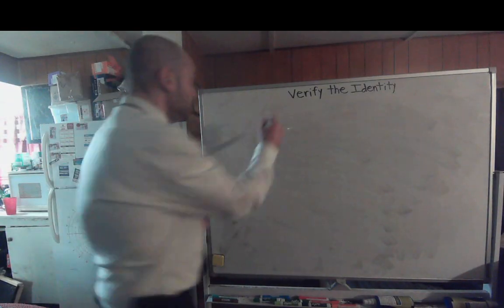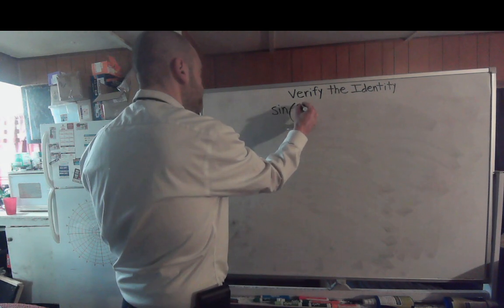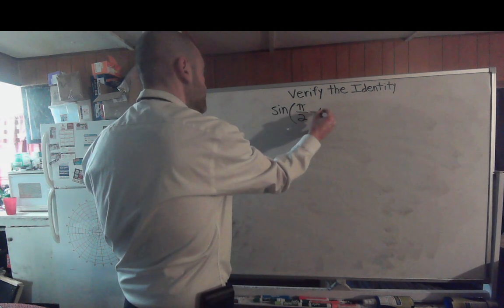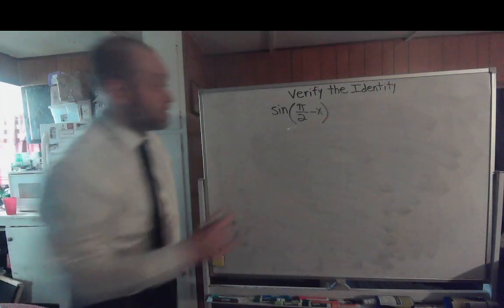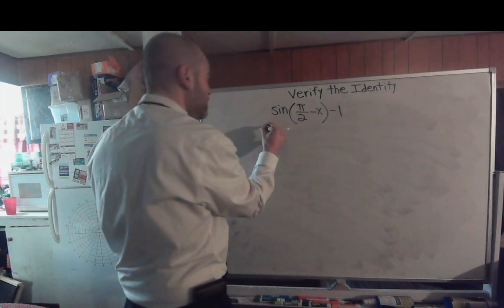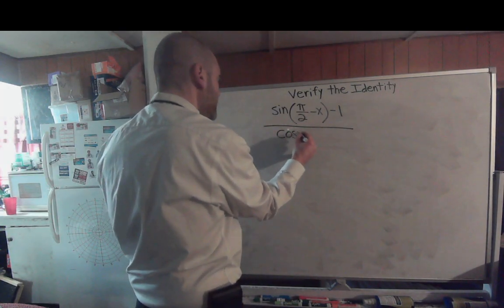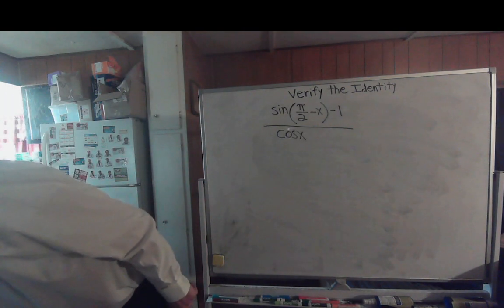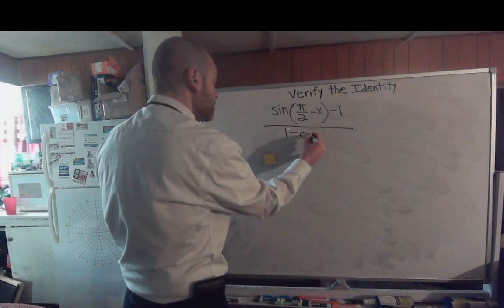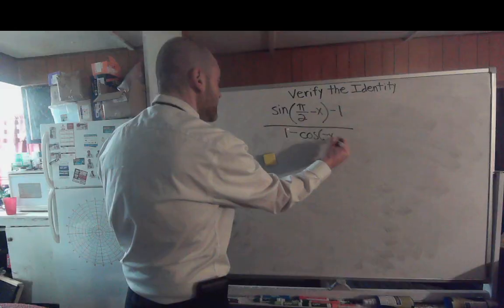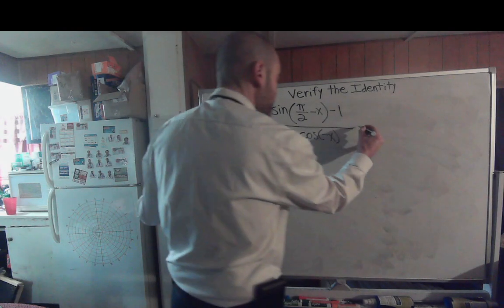Alright, let's see. We have the sine of the quantity of pi over 2 minus x minus 1 all over 1 minus the cosine of negative x equals negative 1.